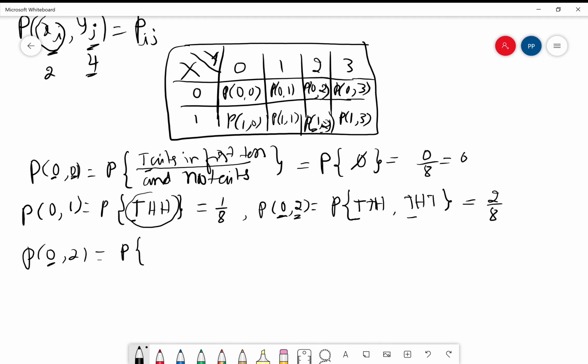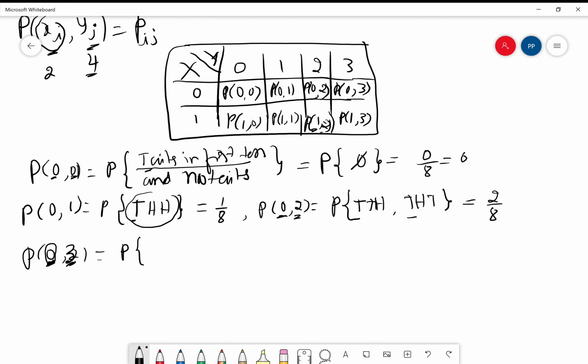Next, P of 0 comma 3. So the probability that there are tails in the first toss and total number of tails equals 3.